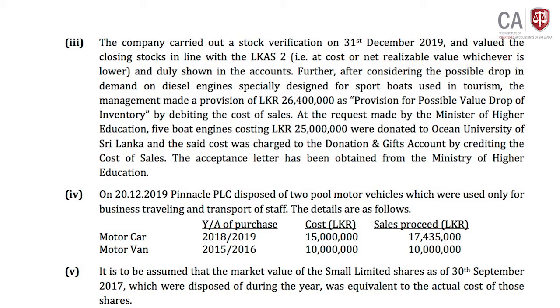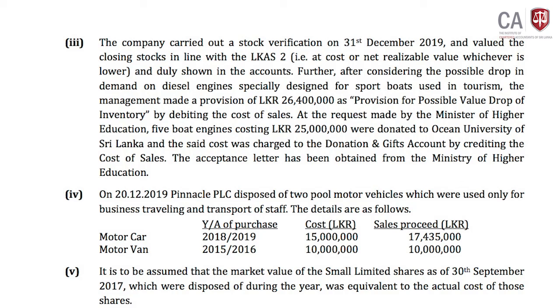Second one, donation of goods to where? It's the Ministry of Higher Education. Donation of goods to the Ministry of Higher Education, what's the meaning of that? Donation to the government. This donation is a qualifying payment which we can claim without any restriction.